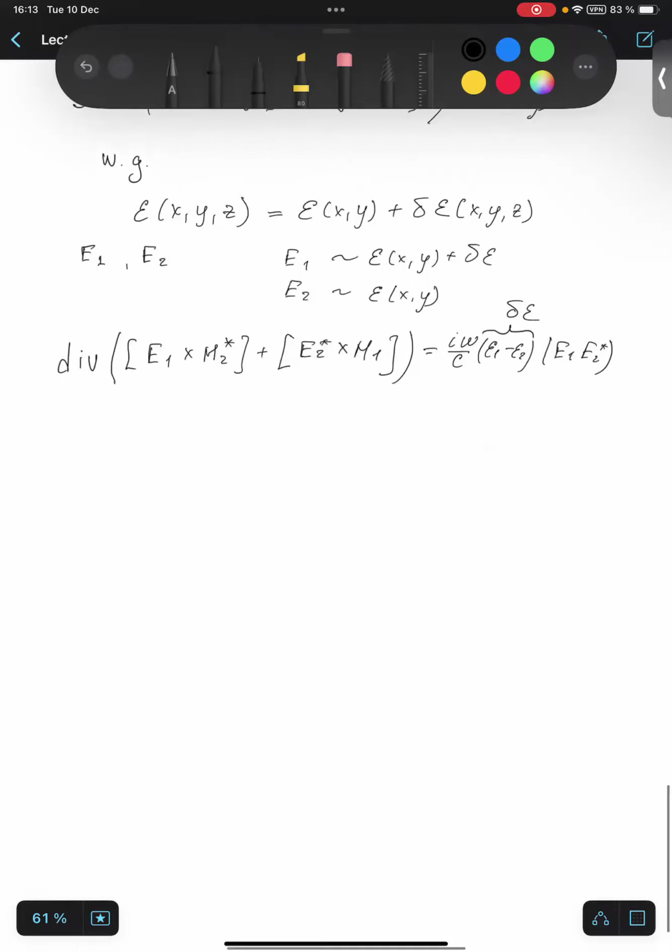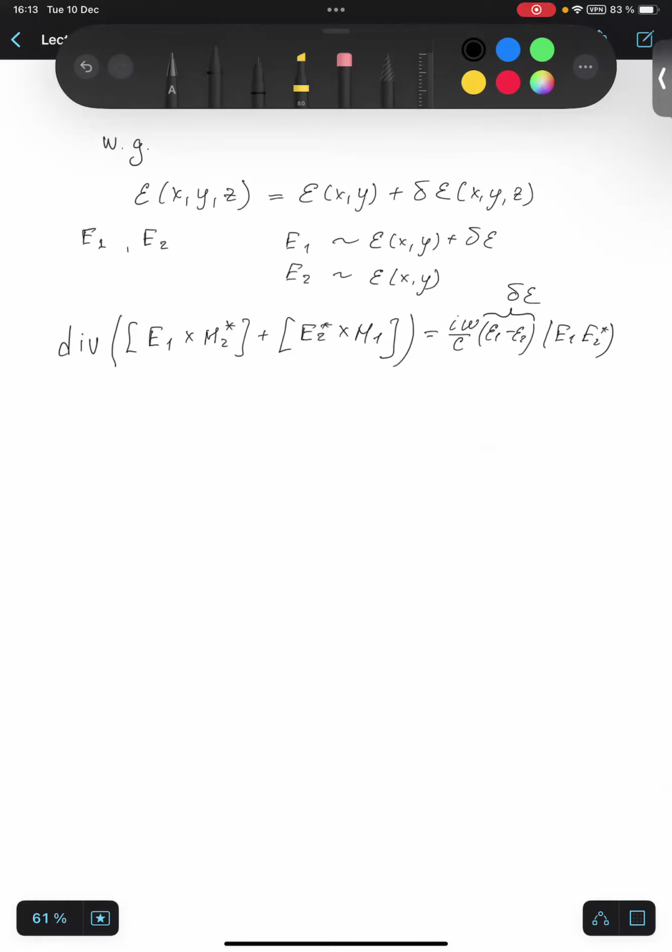We know that this correction is small, and let's find the solution in the following form.